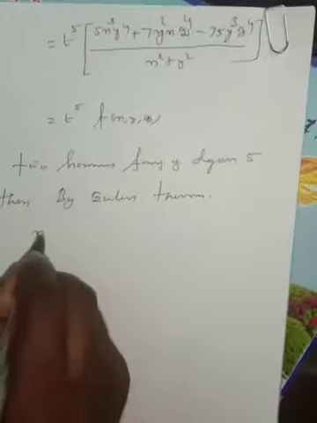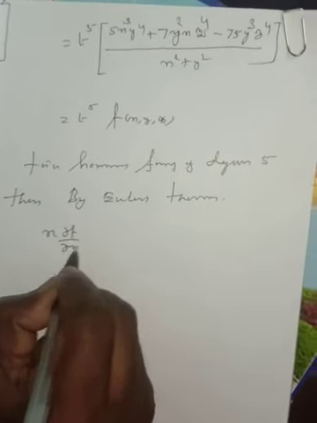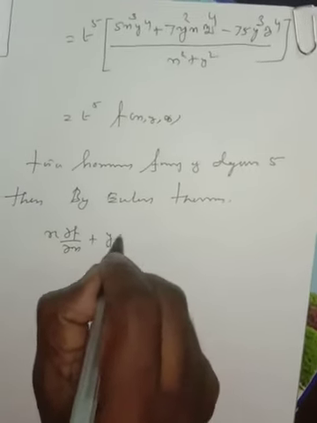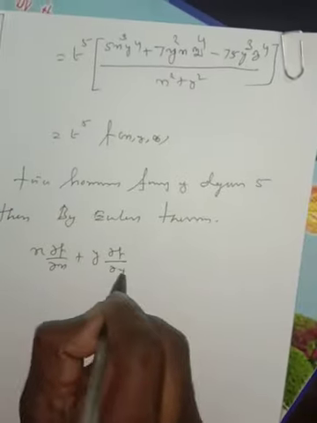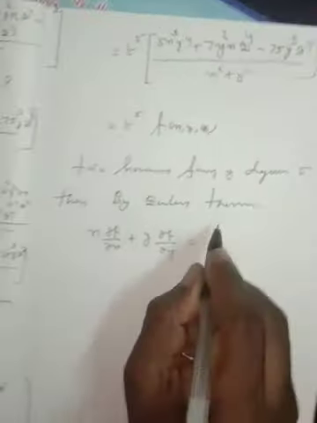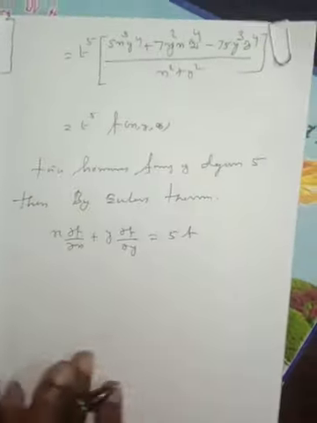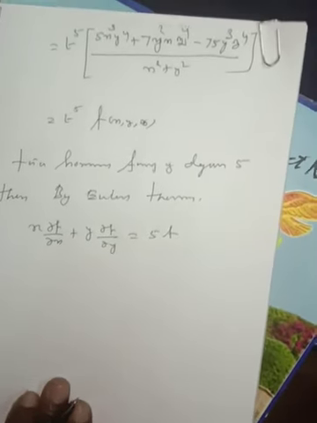x ∂f/∂x + y ∂f/∂y = nf. In this case, 5 into f. But f is e to the power of w.